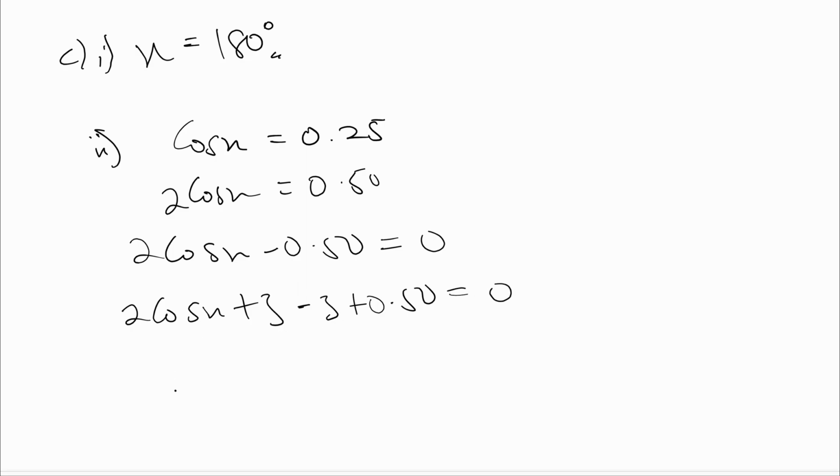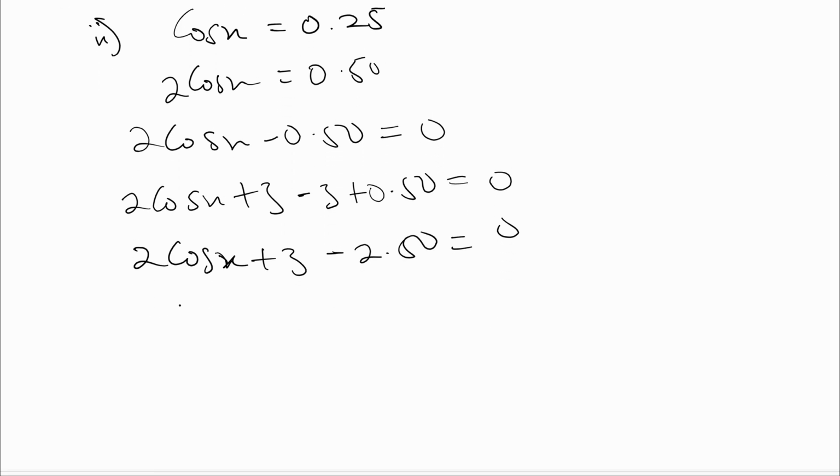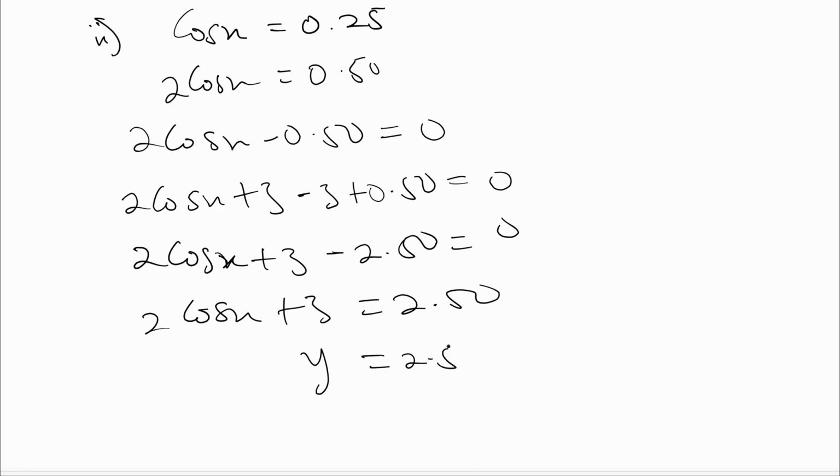Now this can be written as 2 cos x plus 3 minus 2.50, which is equal to 0. Now when we move 2.50 to the right hand side, we get 2 cos x plus 3 is equal to 2.50. We know that 2 cos x plus 3 is the same as y. So we can say that y is equal to 2.50.